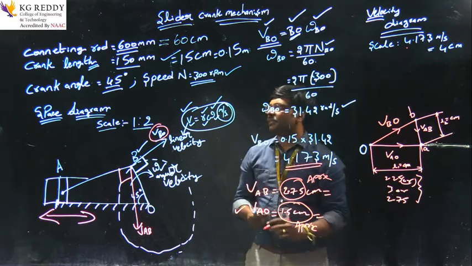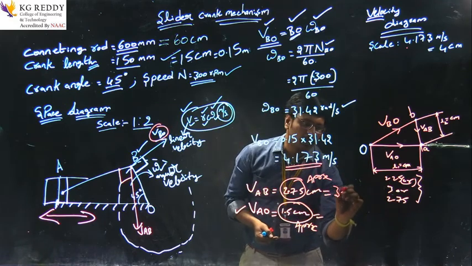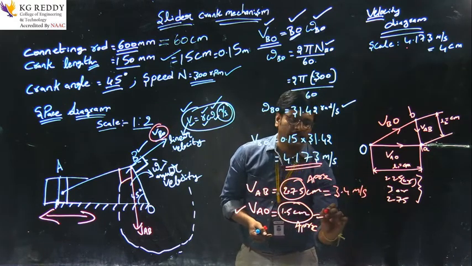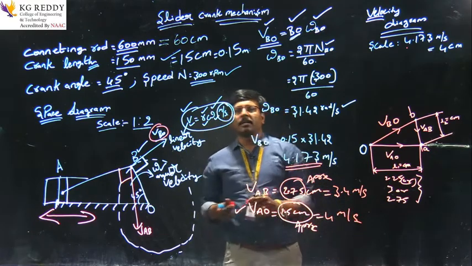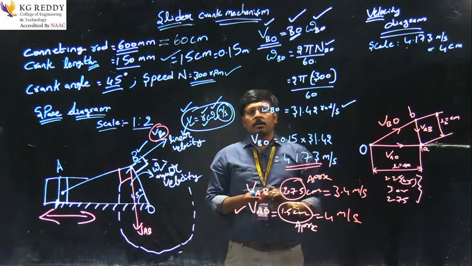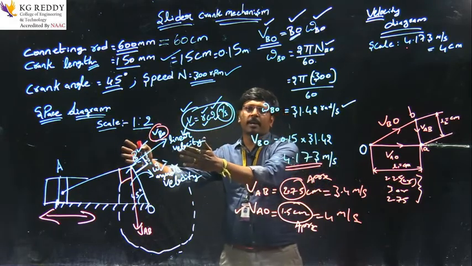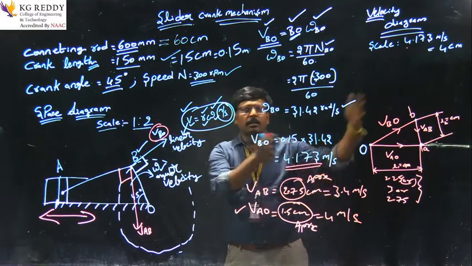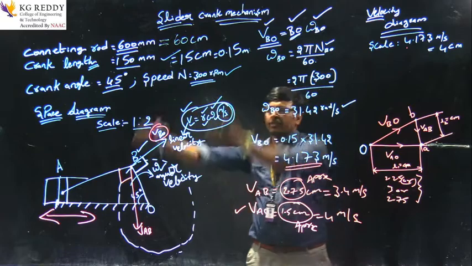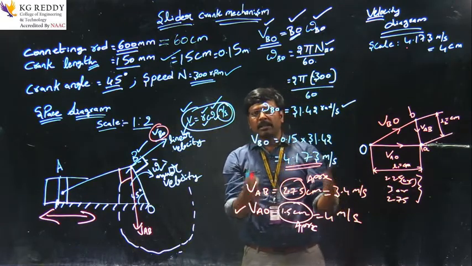So the velocity of A with respect to B we get as 3.4 meter per second, and here it is 4 meter per second. Like this we can calculate by using the graphical method. This is the way. First we draw the space diagram, then find the velocity. We have three steps: one is the space diagram, next is velocity of B with respect to O, one of the links, that is the crank.